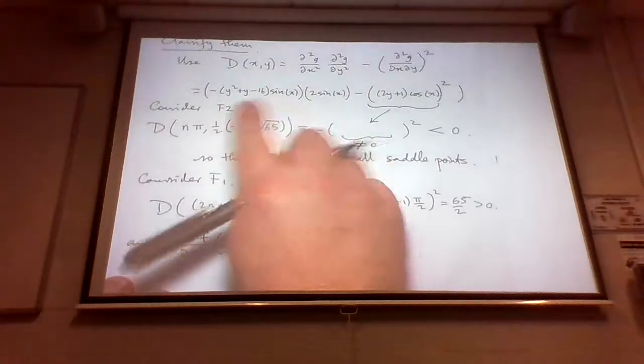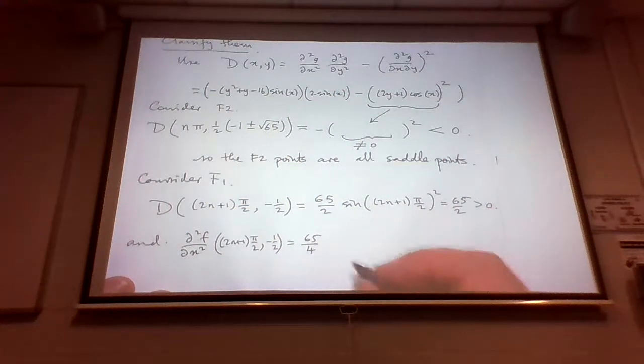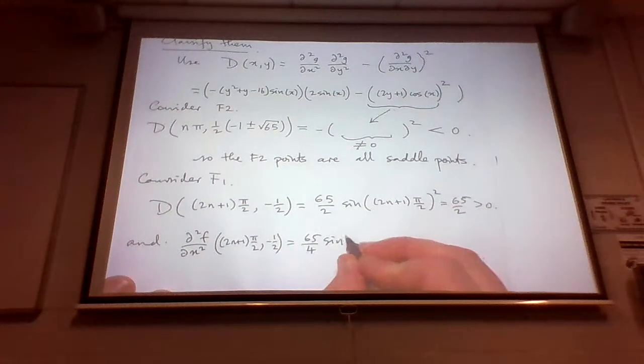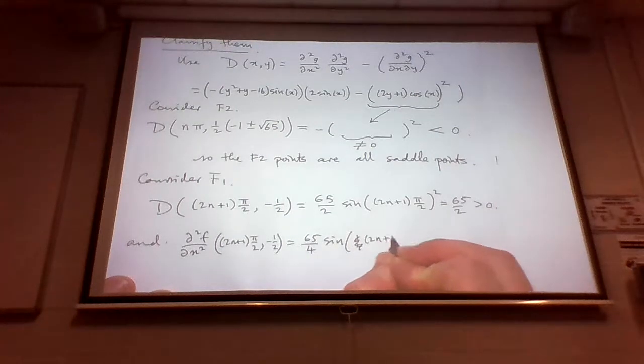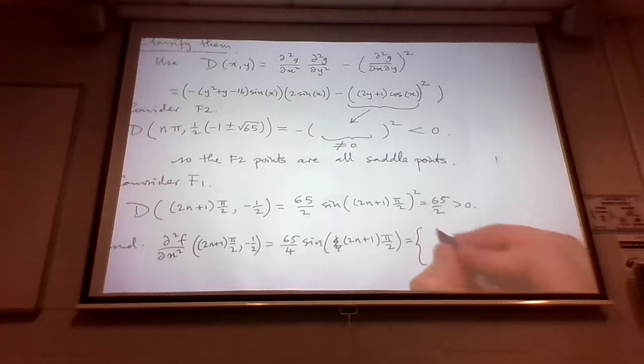Because that's just this part here, so you don't have the extra 2. 65 over 4 times the sine of 1/2 of 2n plus 1 pi over 2. Well, that's easy to know. It's 65 over 4 for even multiples of pi over 2.